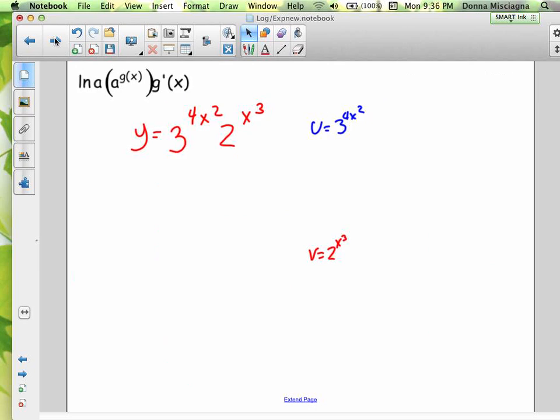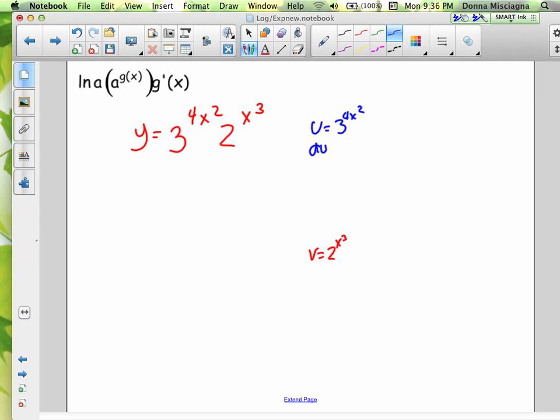We're going pretty quickly through these. Now we have a chain rule and a product rule. We have a derivative of a product, which means we have to take the derivative of each of those. So our first one is 3 to the 4x squared.